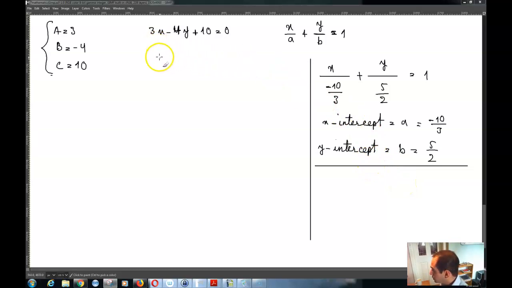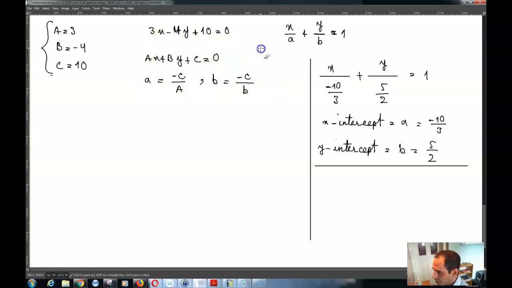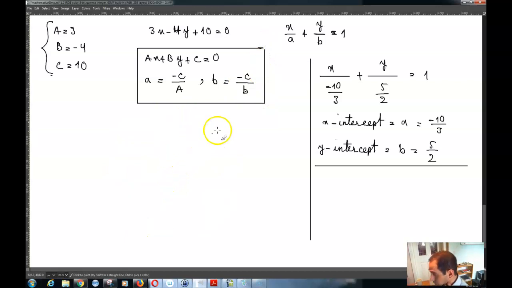In the intercept form, we said that if we had ax plus by plus c is equal to 0, then the x-intercept called a is nothing but negative c by a, and the y-intercept is nothing but negative c by b. So you can simply use these formulas over here and not go through that whole calculation that we did.